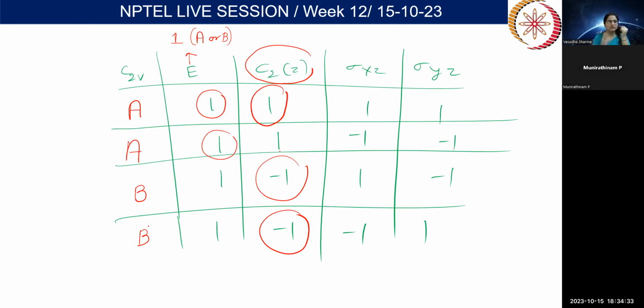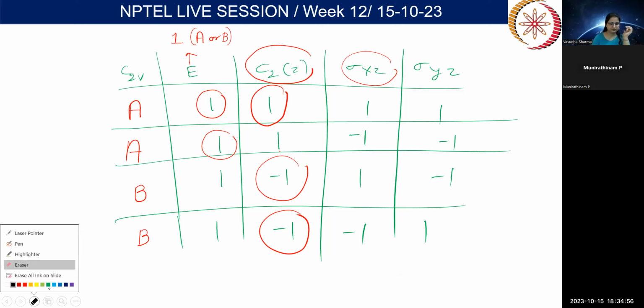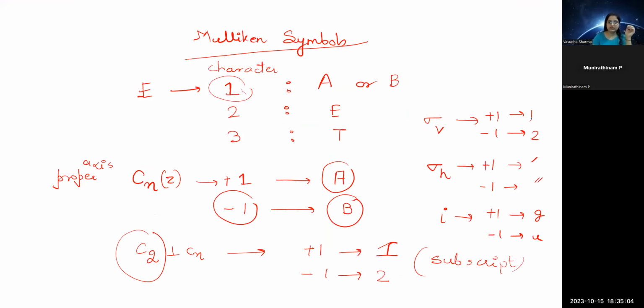Now we need to give subscripts 1 or 2 if anything else is present. Now there are sigmas XZ and these are perpendicular to C2 Z. We were saying that if C2s are not there, we need to find out whether sigma V's are there, and these are sigma V's.